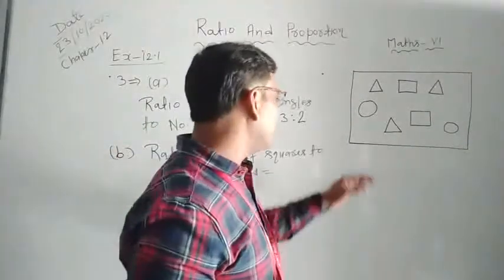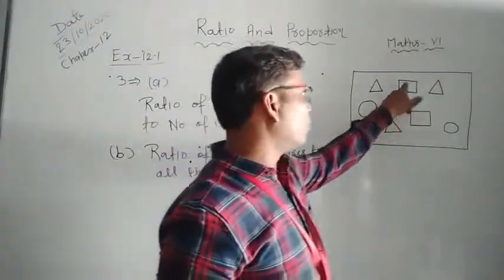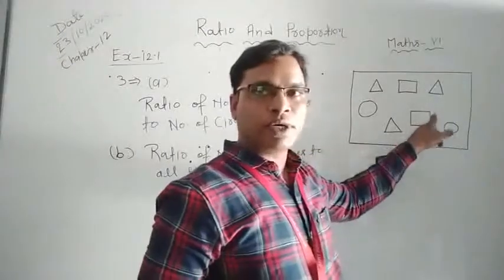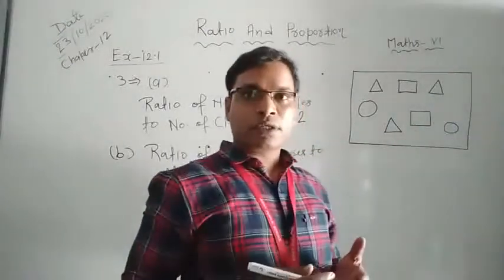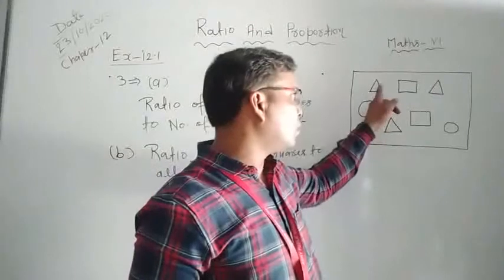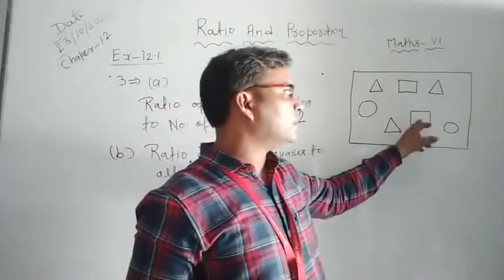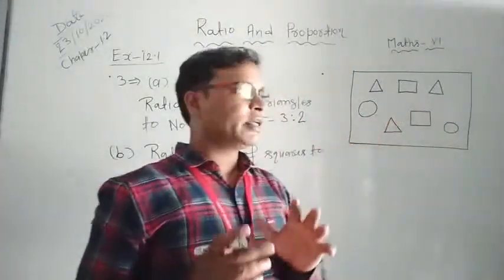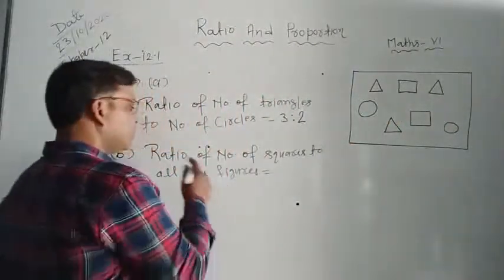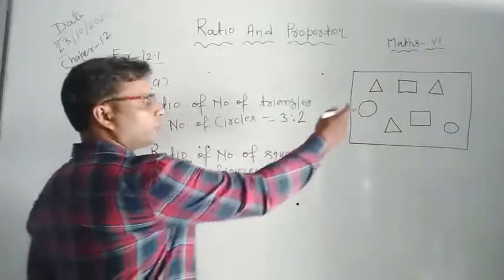So how many squares here? 1, 2. We have only 2 squares, but all figures? How many all figures? So count it: 1, 2, 3, 4, 5, 6, and 7.